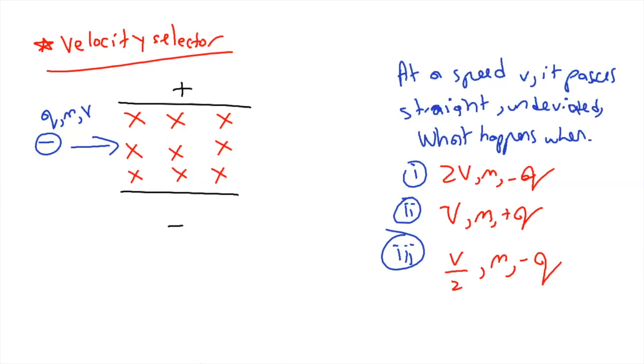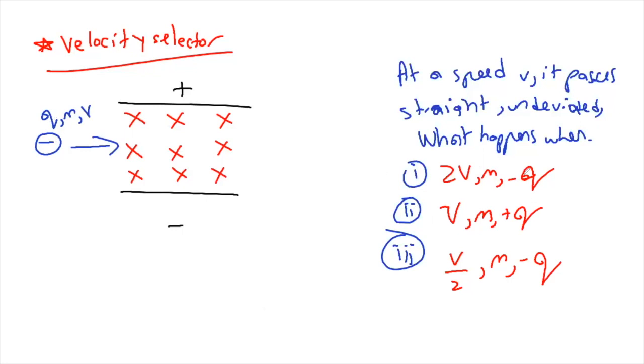All right. So now we have double the velocity, mass m, and minus q. This is a negative charge, and it's the same as before because it's an electron, so it has charge minus q.